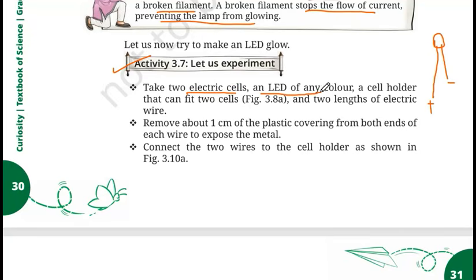We need an LED of any color. A cell holder will be required that can fit two cells, and then two lengths of electric wire will be needed. In a similar way, we will remove 1 centimeter of plastic covering from both ends of the wire to expose the metal of the wire and to connect it with the electrical devices.